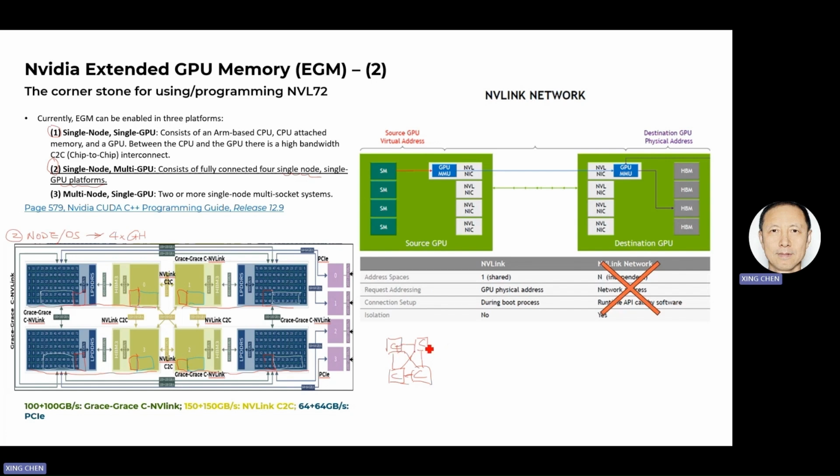The GPUs are also connected the same way, and the connections are always NVLink. Between GPUs, they are NVLink C2C. Between CPUs, they are NVLink for CPU. And between the CPU and the GPU is also NVLink C2C. So we have all-to-all connected CPUs and all-to-all connected GPUs.